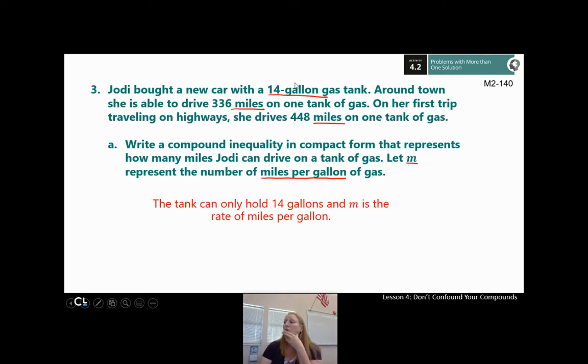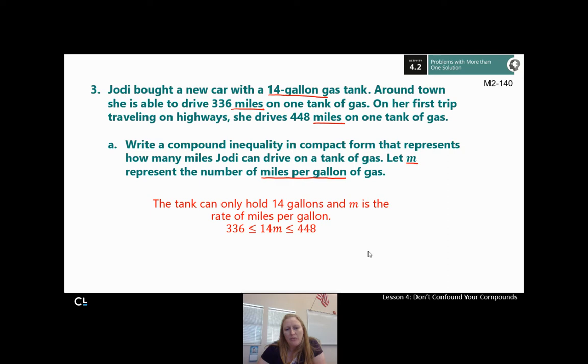So I'm going to do 14 times M for the middle of my compact inequality. And again, we know that the least she would be able to get on that tank of gas is 336 miles. We know the most she'd be able to get on that tank of gas is 448 miles. So that's not bad. We have a lovely inequality here. Now it is a compact inequality.